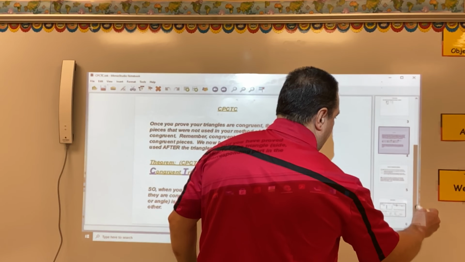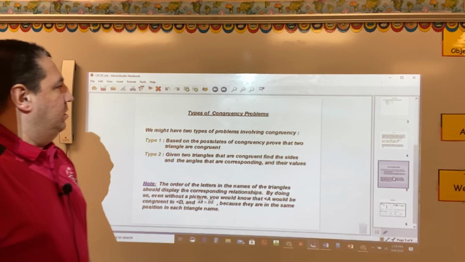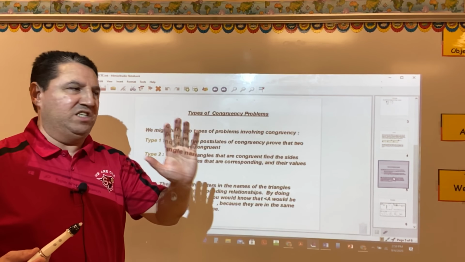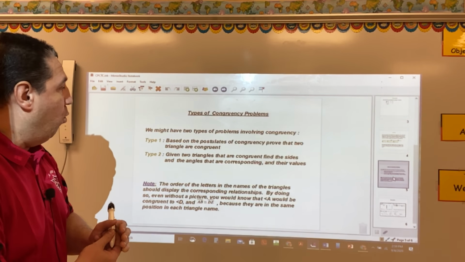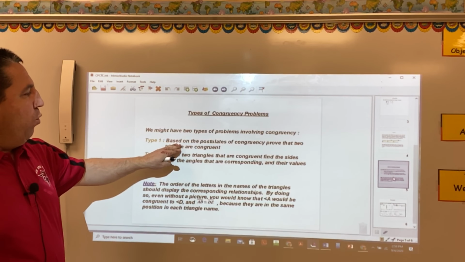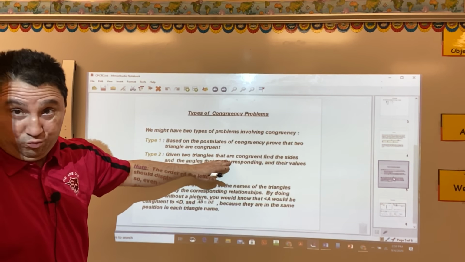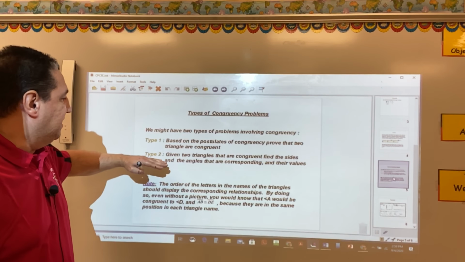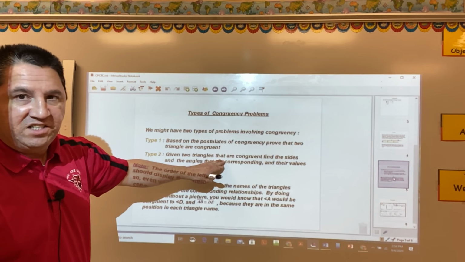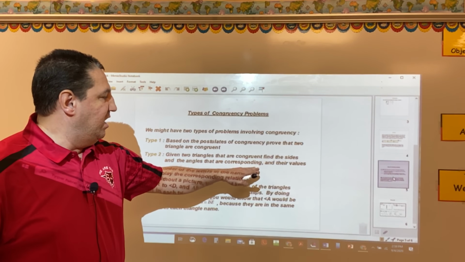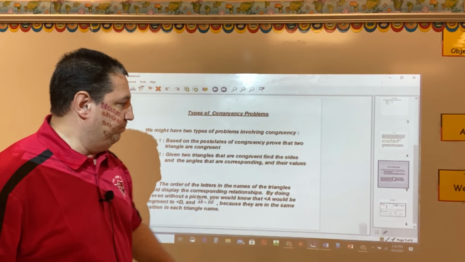Good. So, we have basically two types of congruency problems. Type 1: based on the postulate of congruency, prove that two triangles are congruent. Type 2: given two triangles that are congruent, find the sides and the angles that are corresponding and their values.